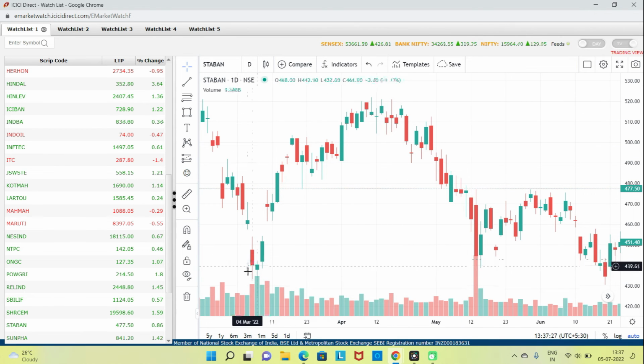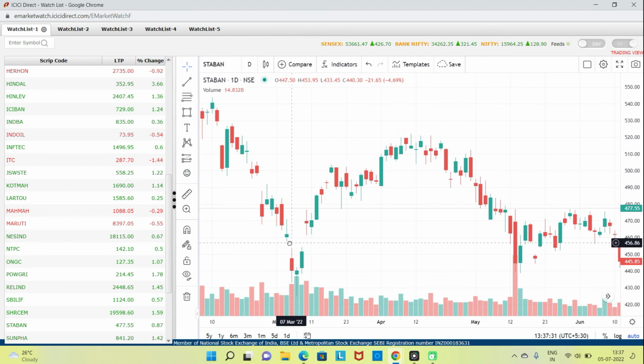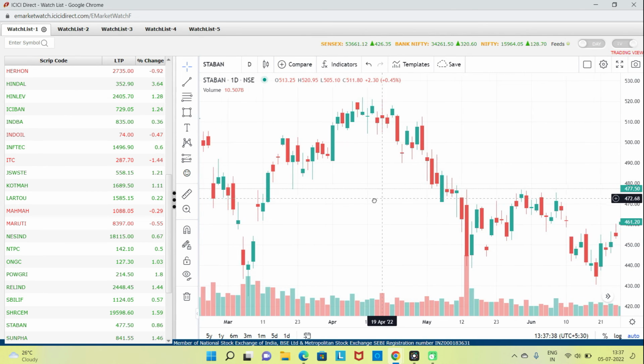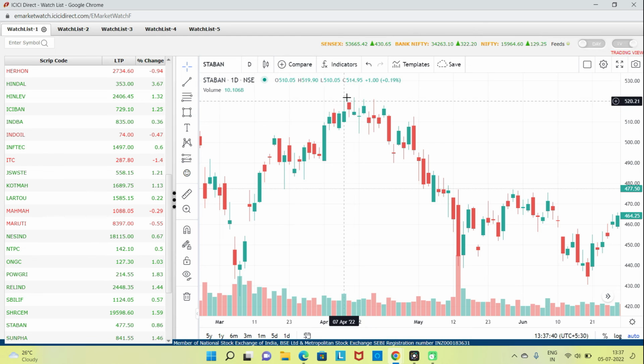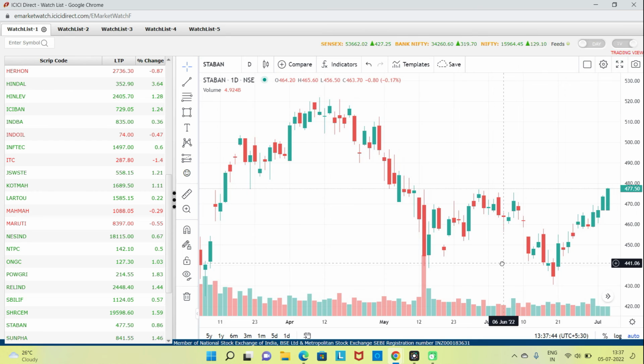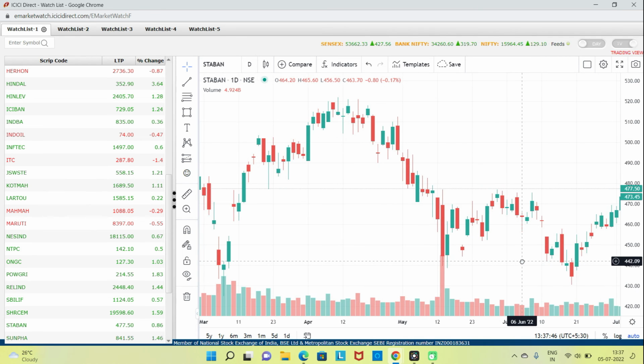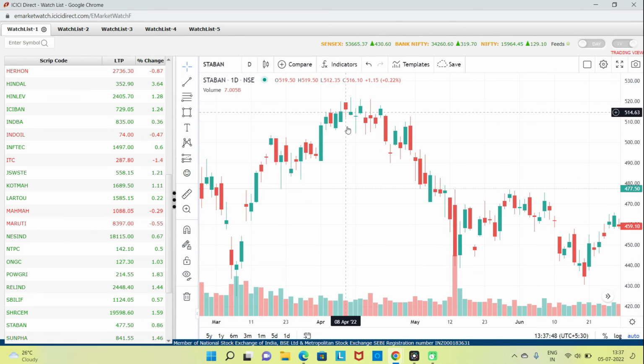In the same chart, you can also find a hammer. Hammer again is a bullish trend reversal. After the stock has fallen, you can find the hammer at the bottom and the price has moved up. And post that, you can find here there is a shooting star and the stock has moved down, sorry.